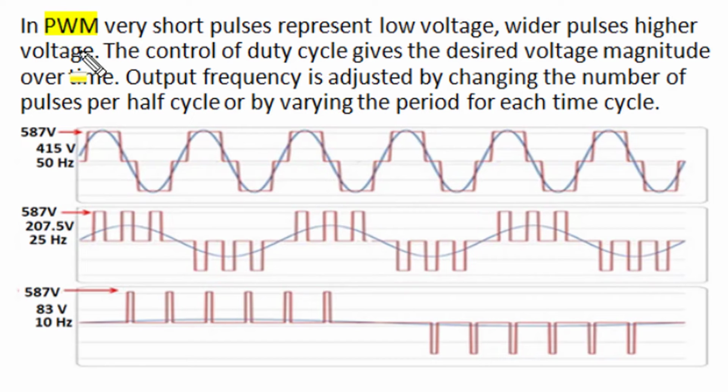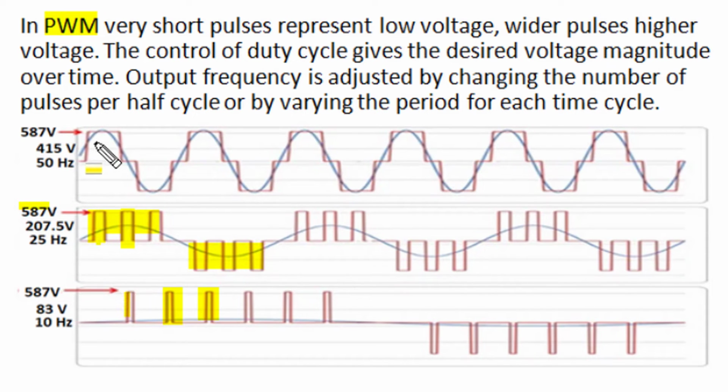In pulse width modulation PWM technology, we use pulses of constant magnitude but controlled duration in such a way that for low voltage output at low frequency, short pulses are used and a longer duration is taken for the positive half cycle, and then a similar negative half section is created, and for higher voltage magnitude and higher frequency, wider pulses are used, and in smaller duration the positive pulses are changed to negative pulses in such a way that the resultant voltage synthesizes a nearly sinusoidal output voltage of desired voltage magnitude and desired frequency over time.